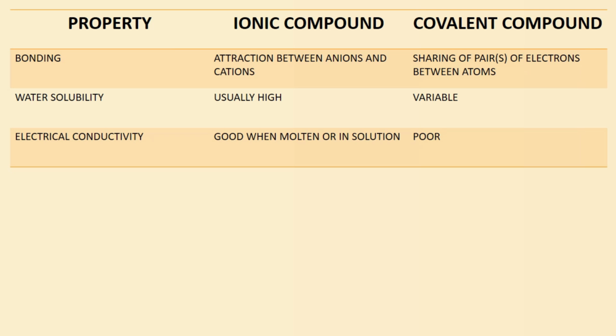In water solubility, there is usually high in ionic and variable in covalent. In electrical conductivity, both have the ability to conduct, but ionic is good when it is molten or in solution, but in covalent there is a poor electrical conductivity.